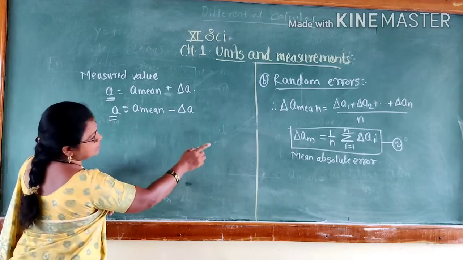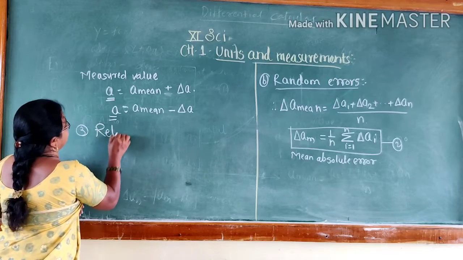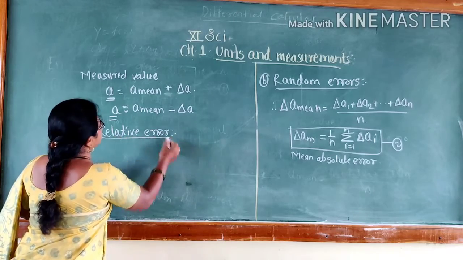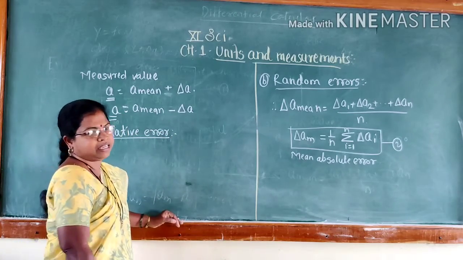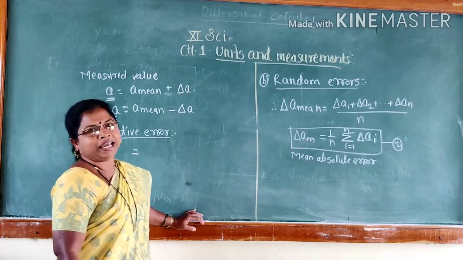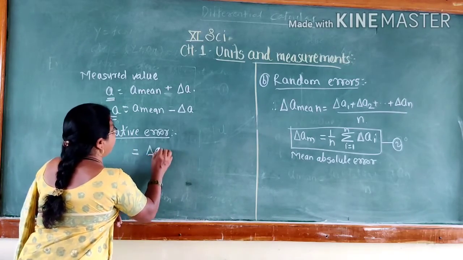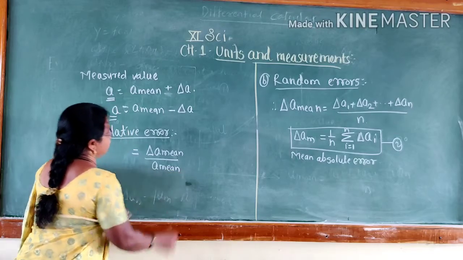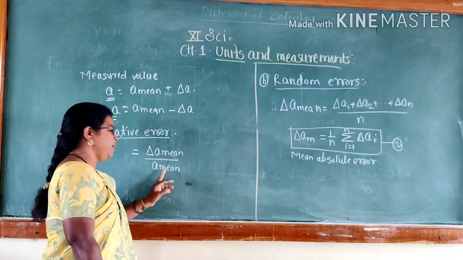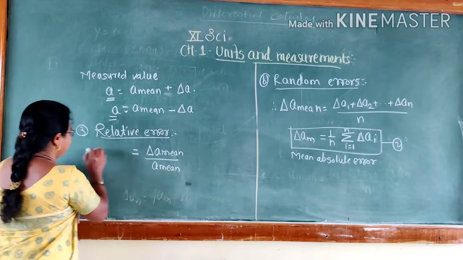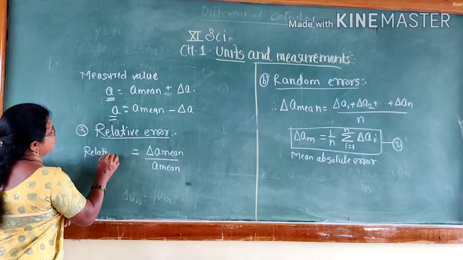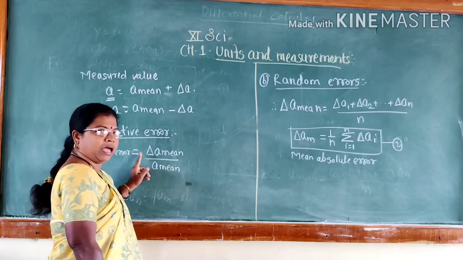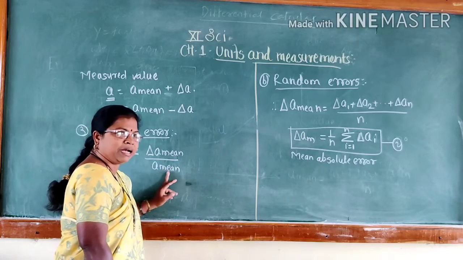Next, one more point, the third one, relative error. How can it be related? Relative error is equal to delta A mean divided by A mean, the arithmetic mean. The mean absolute error divided by the arithmetic mean gives the relative error. So, this error can be found with the help of the ratio of the mean absolute error to the arithmetic mean.